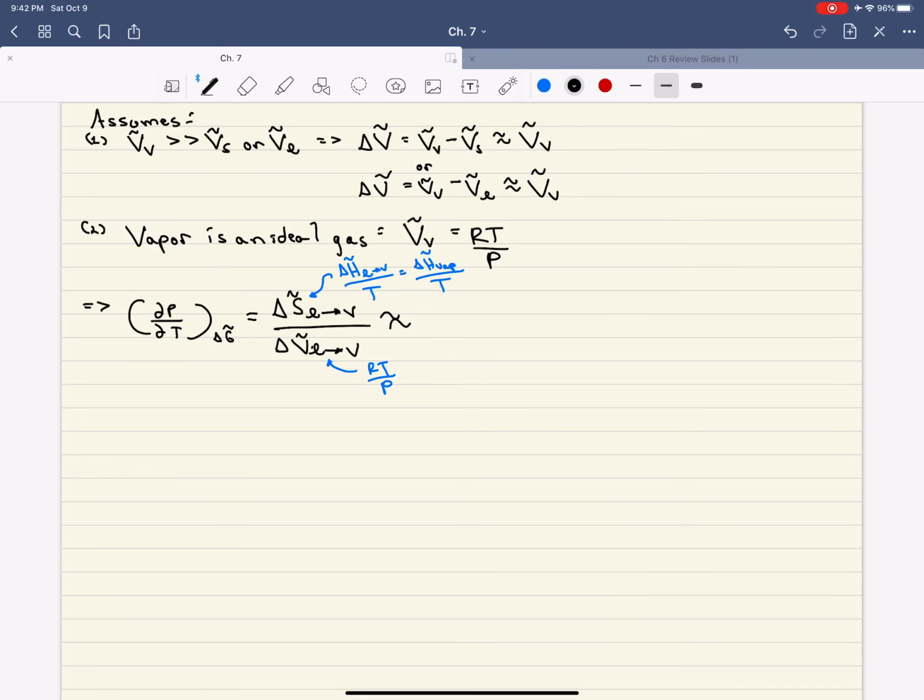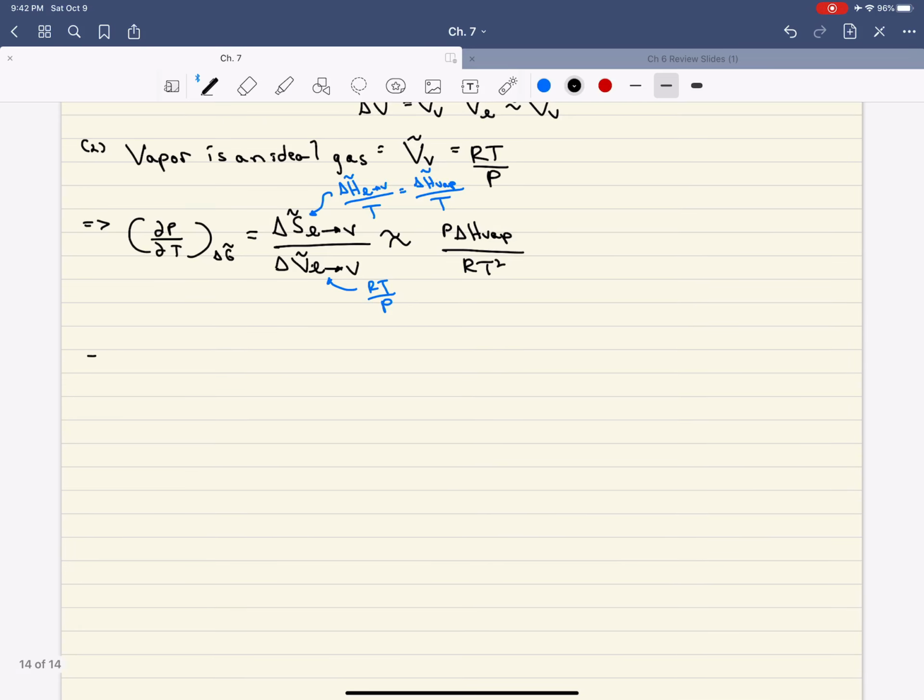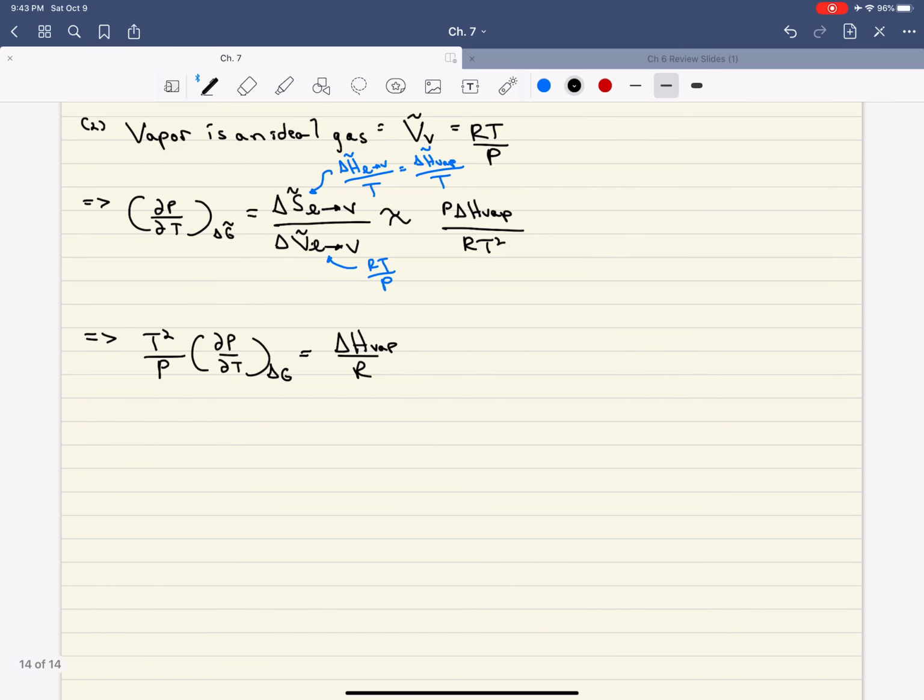And so this slope, dP/dT at constant G, just ends up being approximated as delta H vap P over R T squared. All right, and so let's now rearrange this equation so that we have T squared over P dP/dT at constant G, which is equal to delta H vap over R. What we should notice on the left-hand side is a couple of things.